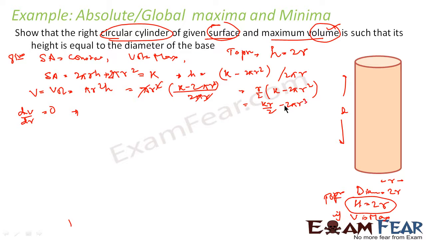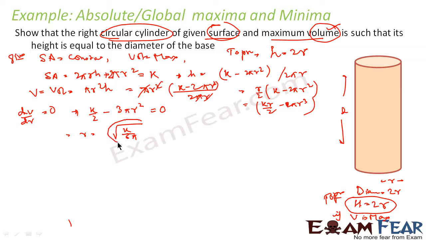So dV by dr is k by 2 minus 3 pi r square, and this is equal to 0. With this, my r will be root of k by 6 pi.